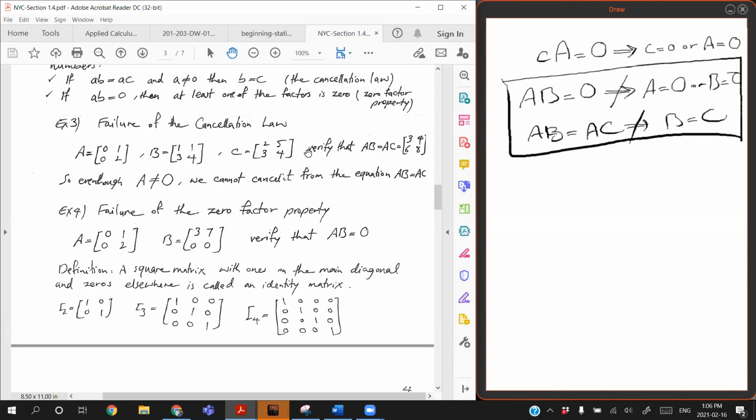So you can check with these three matrices, A, B, and C. If you multiply A times B or A times C, you'll get the same answer, 3, 4, 6, 8. However, clearly, B is not equal to C. So the fact that AB is equal to AC does not imply that B and C are the same. You cannot cancel the A from both sides of this equation and say, okay, then B and C are the same, because they're clearly not.